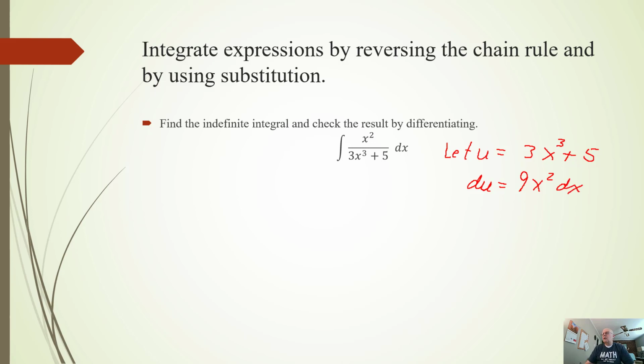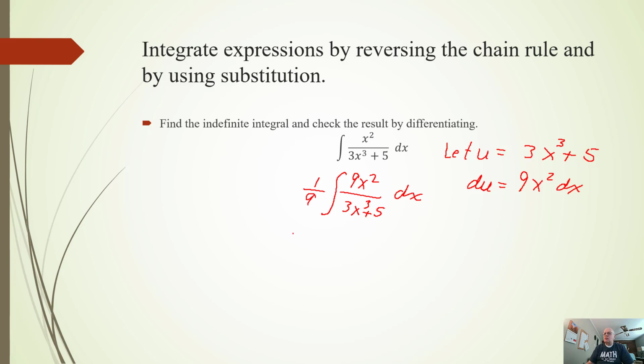Notice over here we don't have a 9. So what we need is a 9 here. But to do that, we'll need to put a 1/9 in front, so we've got the same value. 9x squared over the 3x cubed plus 5 and dx. Here's our du right here.